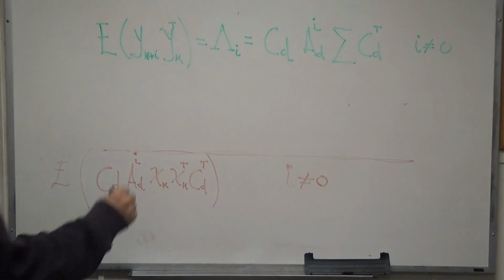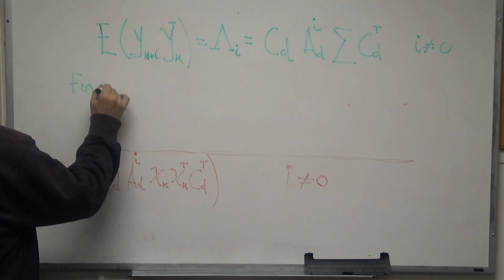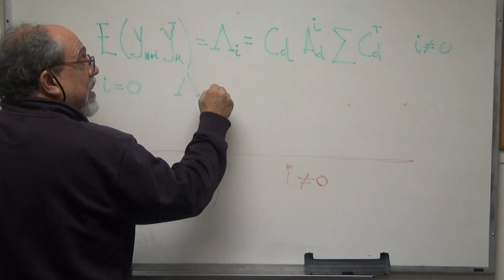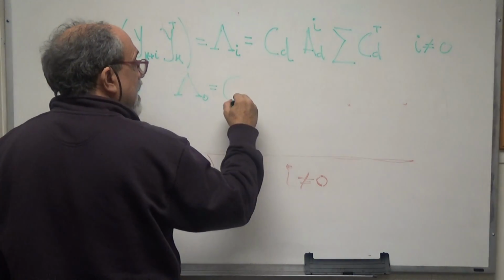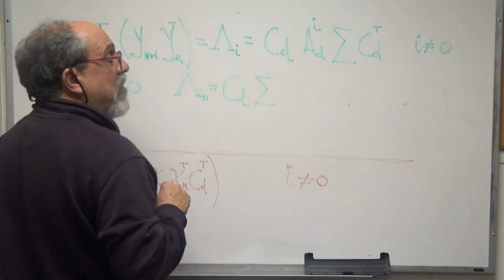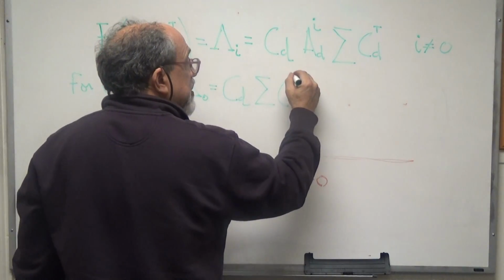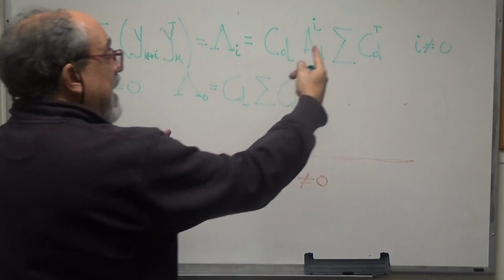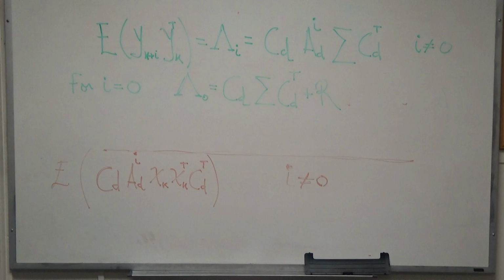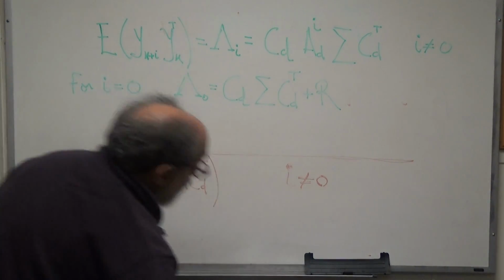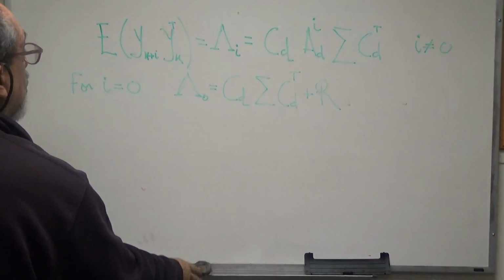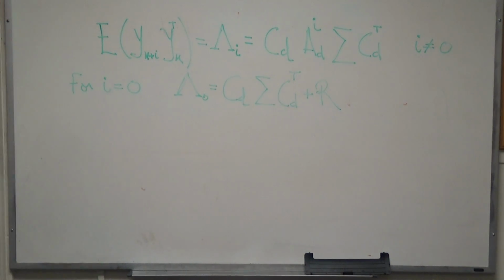For I equal to 0, we have delta 0 equal to CD times AD to the 0, which is 1, times the covariance of the state, times CD transpose, and then we have to add the expected value of Vk Vk transpose, which you had previously called R. So this is it with the output.